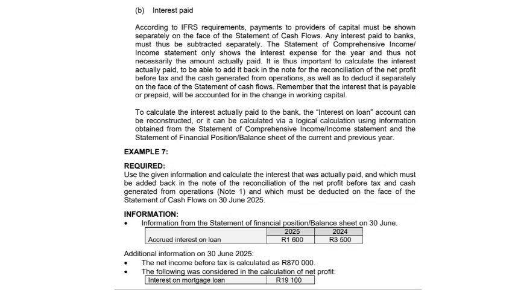The following was considered in the calculation of net profit: interest on mortgage loan, 19,100 Rand. To calculate the interest paid, you can either complete the interest on loan account in the general ledger or do a basic maths calculation. So I'm first going to show you how to complete the interest on loan account.